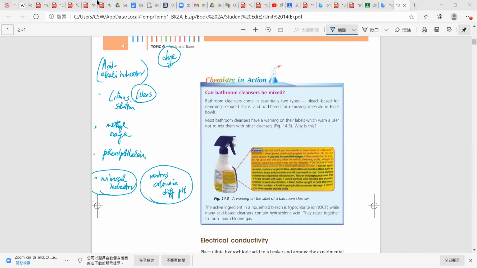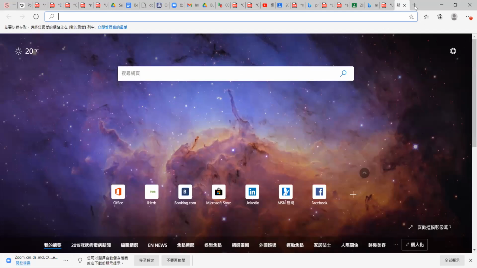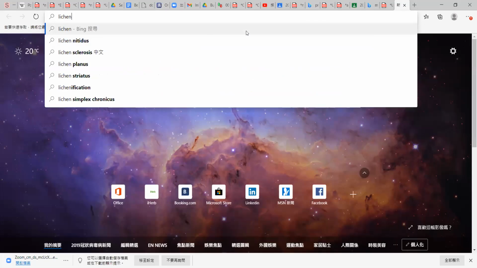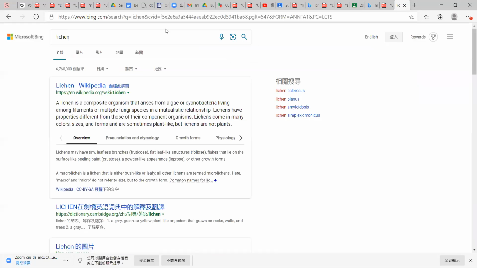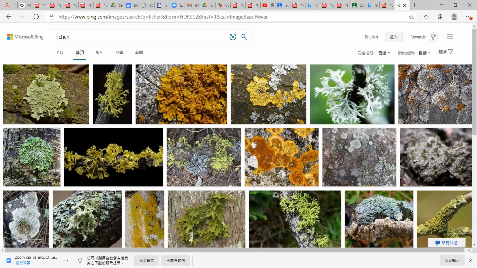We have got something like mold, right, on the wooden branches? But indeed, it is not mold. It is something very, very good. Lichen, do you know what that is? Yes, that's right. 哦，即係 that. 嗰啲樹上面嗰啲一嚿嚿嗰啲。 Yes, yes, that's right.